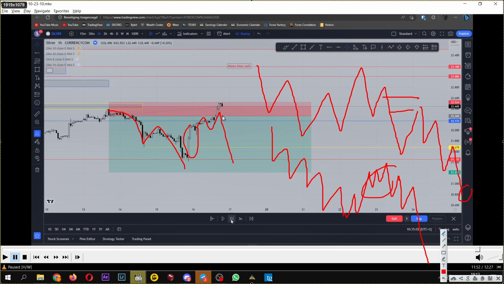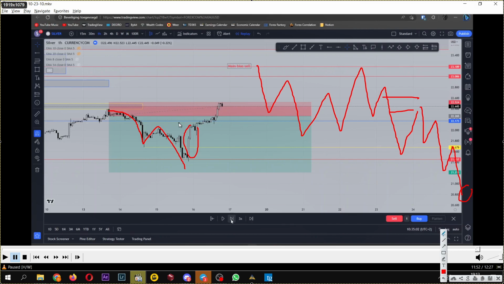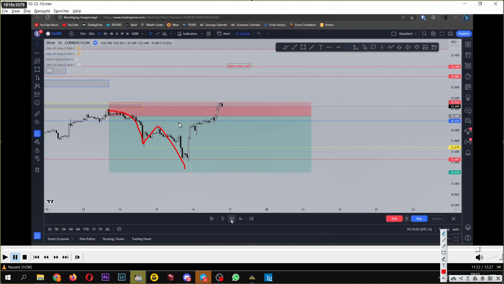But in this case, you will need to either consider a new entry, or the price will just not let you out, because after this, it could easily continue to the downside. It's just that this specific trade didn't work out, but this should be a break-even trade after this.